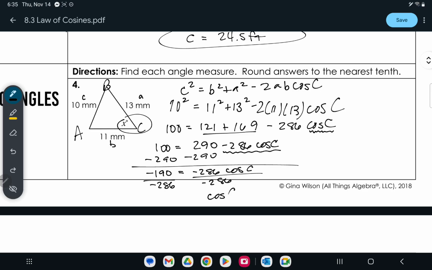So then cosine c is equal to, and we'll just use the first 4, 6,643. And then to get c by itself, we can take the inverse cosine of both sides. And c is going to give me 48.4 degrees.